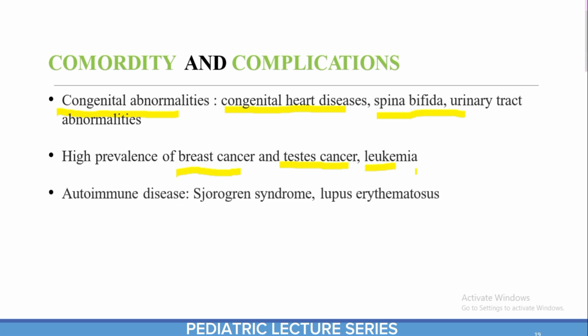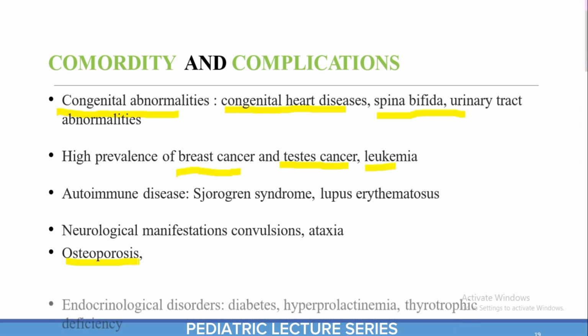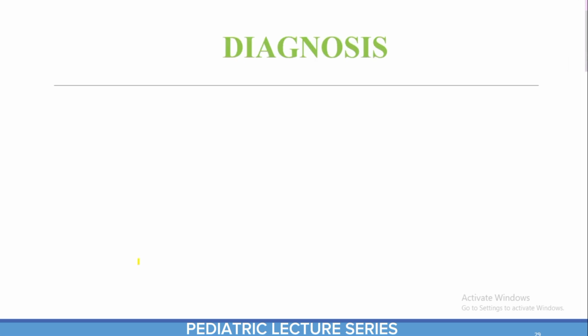And then autoimmune diseases also, there is increased chance in these individuals to develop autoimmune diseases like lupus erythematosus, and then you might have some neurological manifestations like convulsions. They are also at increased risk of getting bone fractures due to osteoporosis, and endocrinological disorders like DM are also common in these individuals.